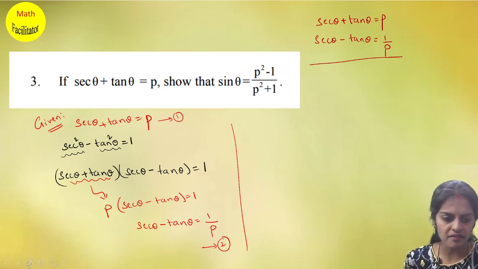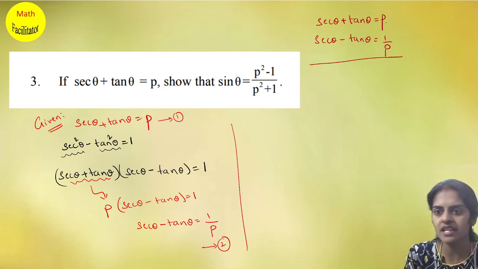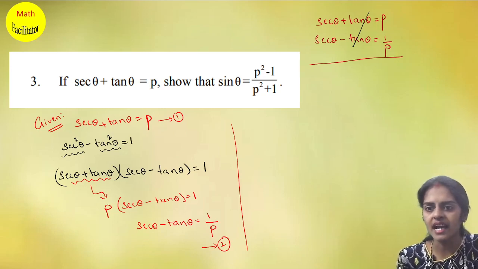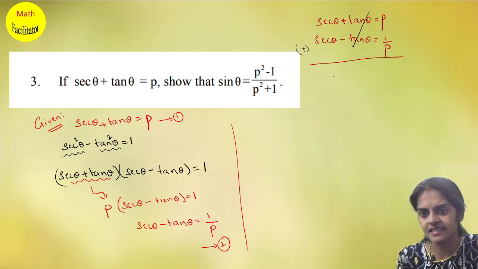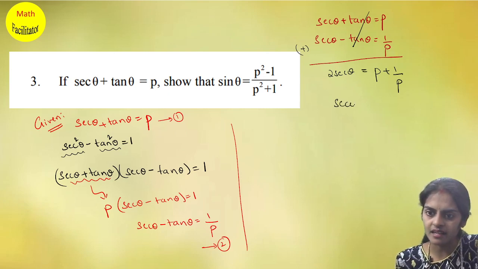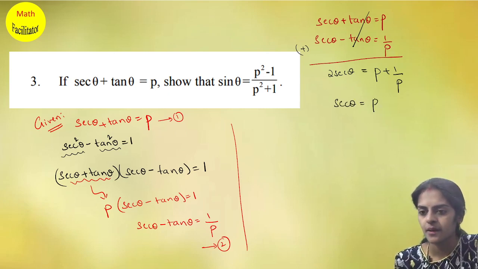So here, if I add these two equations, what will happen? Tan theta minus tan theta gets cancelled. I have secant theta plus secant theta, which is 2 secant theta, equal to P plus 1 by P. Taking LCM, this will become P square plus 1 by P.